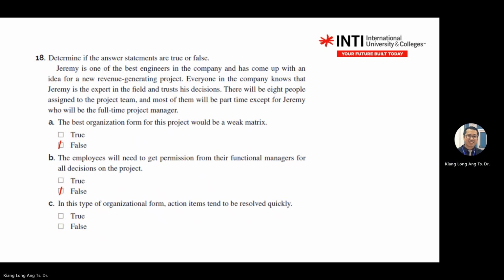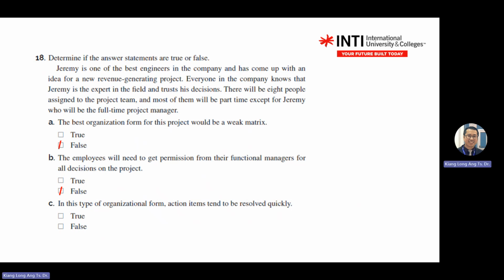This one, there will be 8 people assigned to the project team. Jeremy is a full-time project manager. So there's a project manager already, and it's full-time. The project manager role here is full-time PM. So if you look at the table just now, it's from balanced until projectized, right? The question here is to test whether you know the characteristics of the organization.